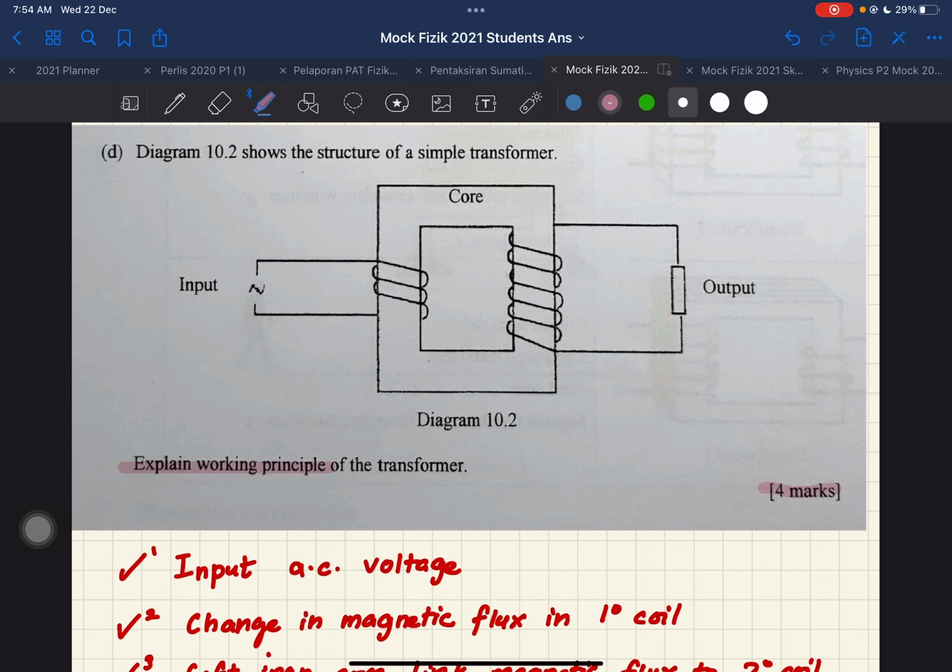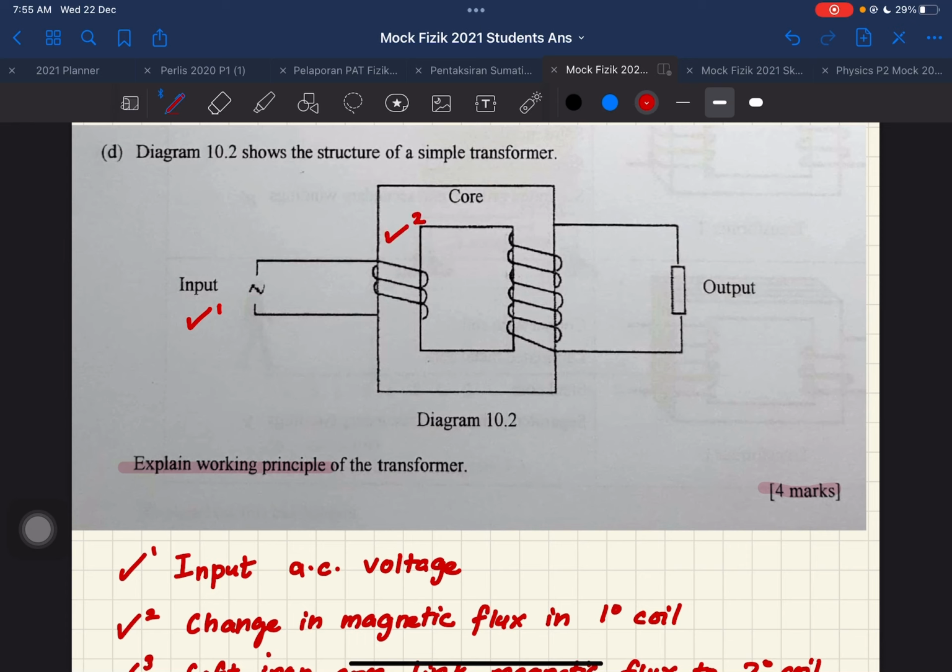But the best way to write the answer here will be, okay, number 1. This part is actually the first tip. What type of input current should be used? The diagram already shows you it is an alternating current voltage. So when alternating current voltage flows in the primary coil, here will be mark number 2.